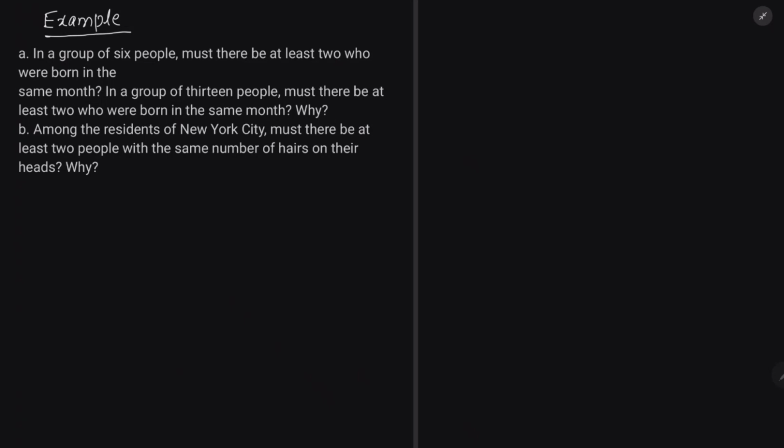Suppose that there are 6 people: one, two, three, four, five, and six. The question is, must at least two of them be born in the same month?